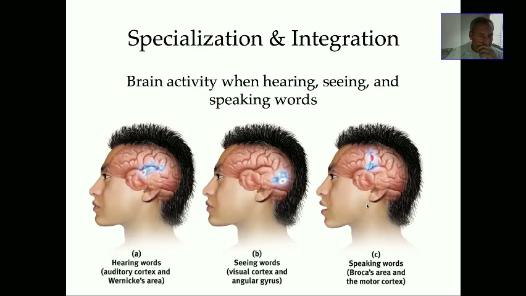What's also interesting to consider is that if you have damage to this area and trouble reading, you very well might be able to understand by listening and respond to what you're listening to. But if you're asked to read something, that might prove difficult.